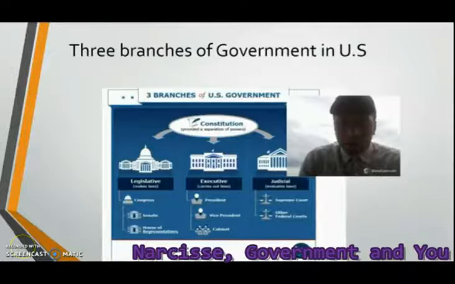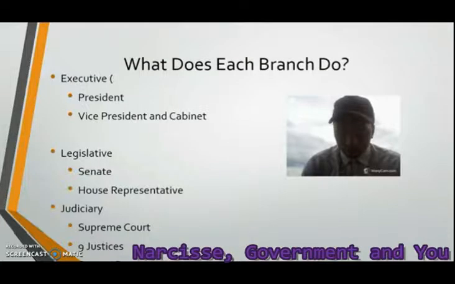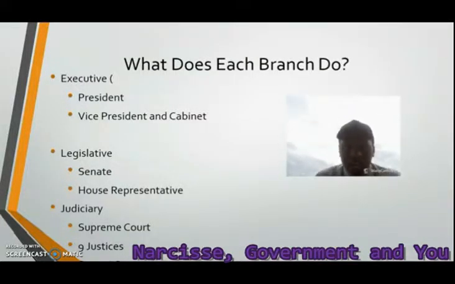Branches of government in the USA. As the Constitution provided separation of the power among three branches of US government, we have executive, legislative, and judicial branch. All branches are connected together to constitute the government of the United States. Each branch has different functions.